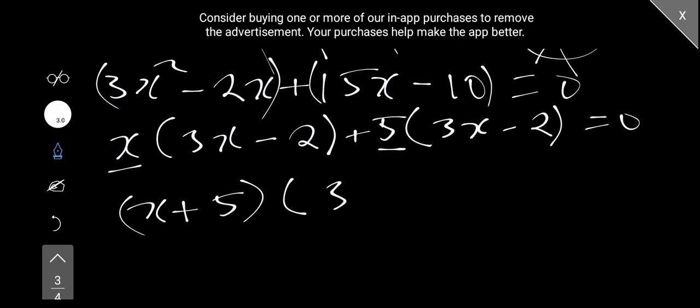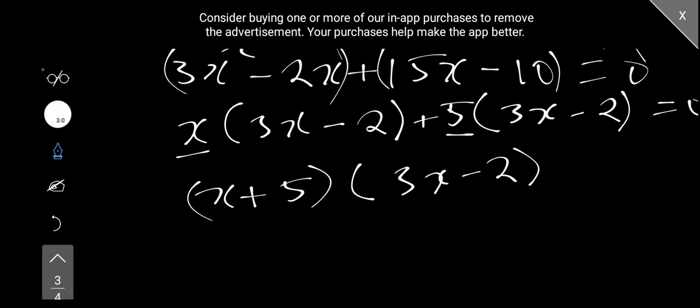Then the one inside is equals to 0. Mind you, when you are taught to factorize, when you just reach this stage, that is factorization. Now, since we are solving, we move a step further and find the value of x.